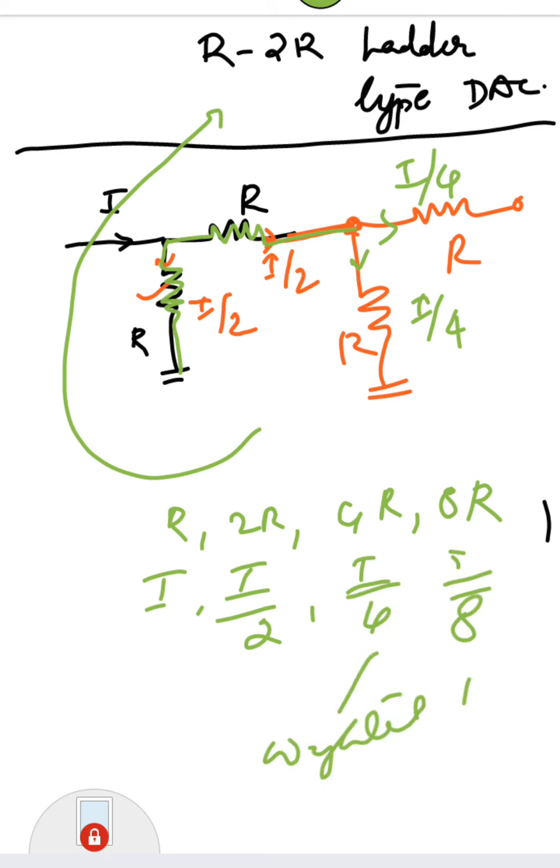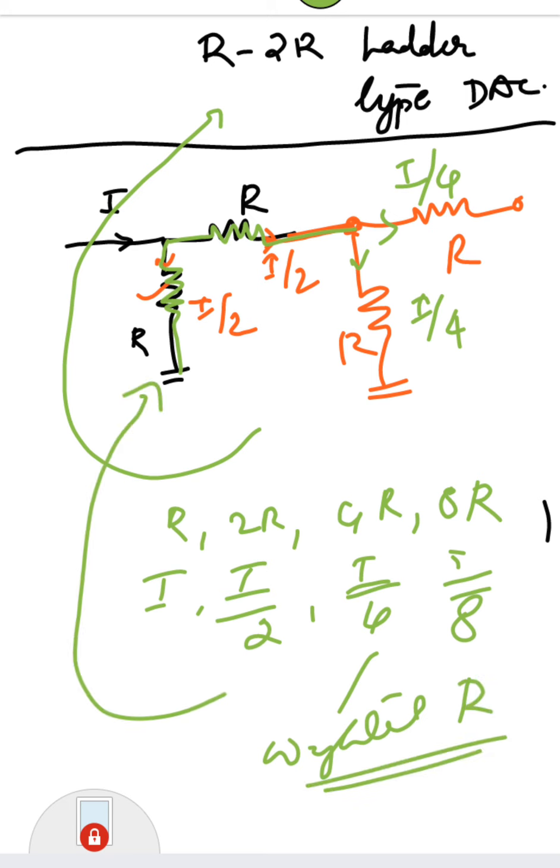The same idea is obtained here also. The maximum current flows through this, and a lesser amount of current flows through the other branch, I by 2, I by 4, I by 8, I by 16, and it goes on like that. So this is the basic idea of an R2R ladder type DAC.